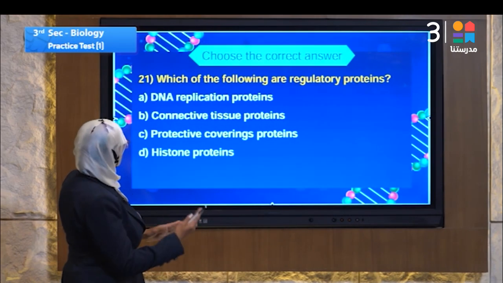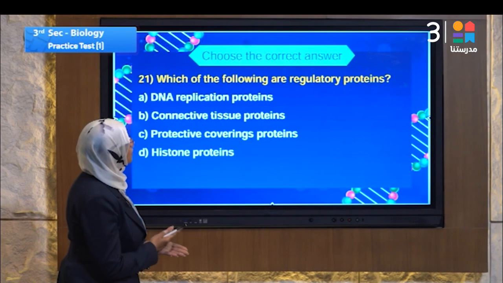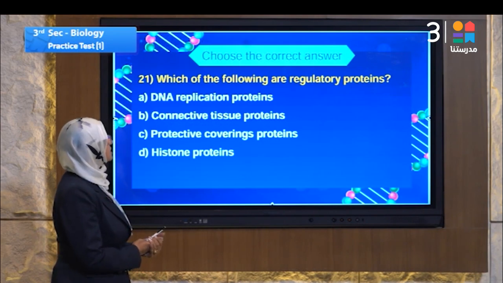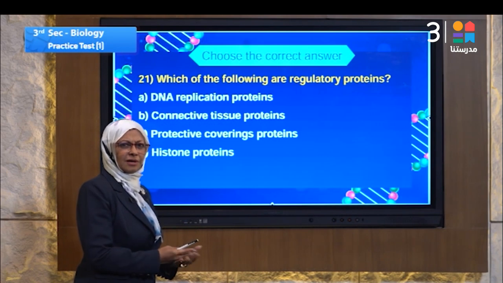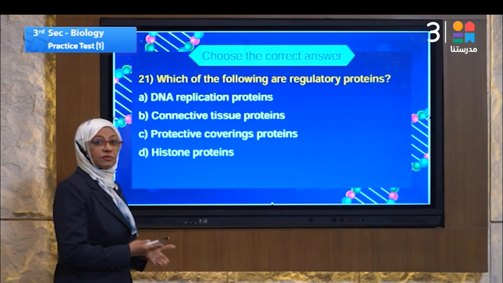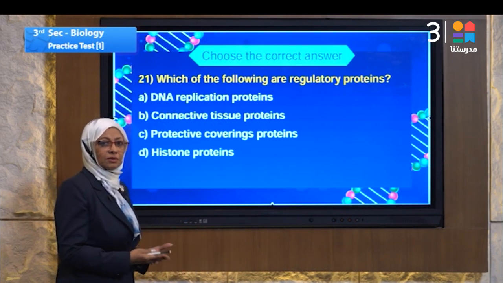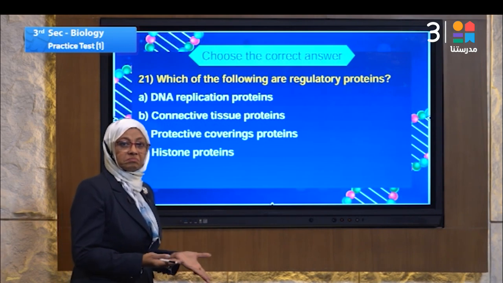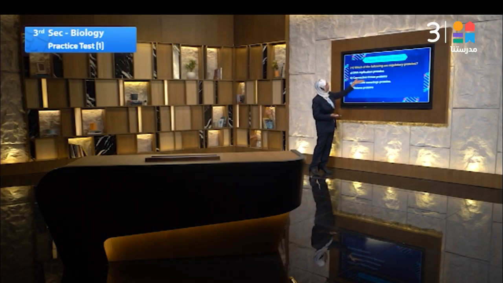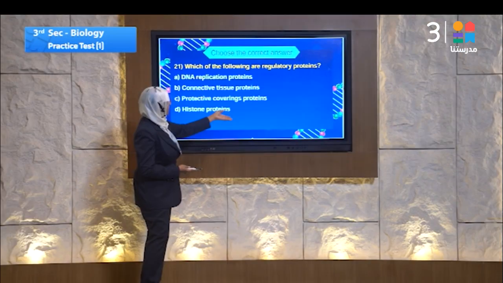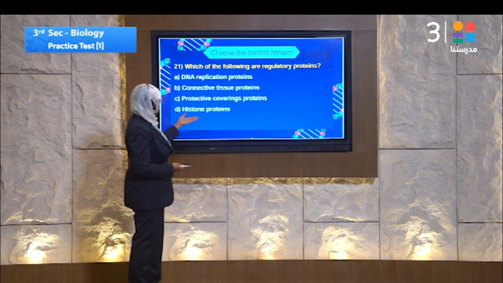Let's go to question 21. Question 21 speaks about regulatory protein. There are many types of protein: functional protein, regulatory protein and structural protein. Which of the following are regulatory proteins? DNA replication protein, connective tissue protein, protective converging proteins, histone proteins.